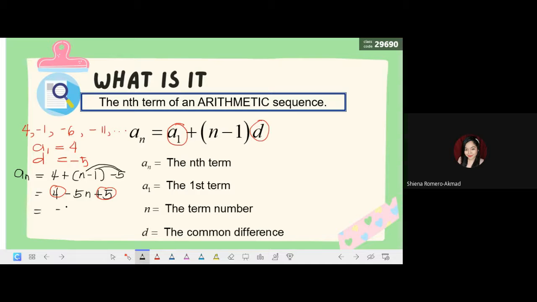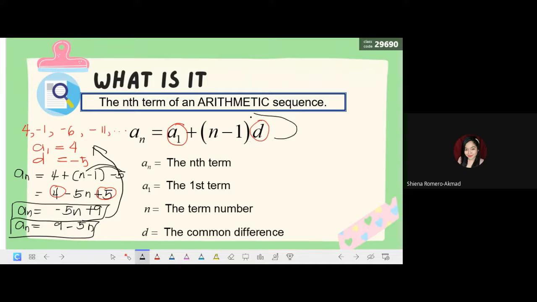This will be negative 5n plus 9. Or, pwede rin namang 9 minus 5n. So that is our a sub n. So ito naman is what we call the general term of the sequence. Okay, ito naman, general term or nth term ng arithmetic ng certain sequence. Okay, so ganun lang.